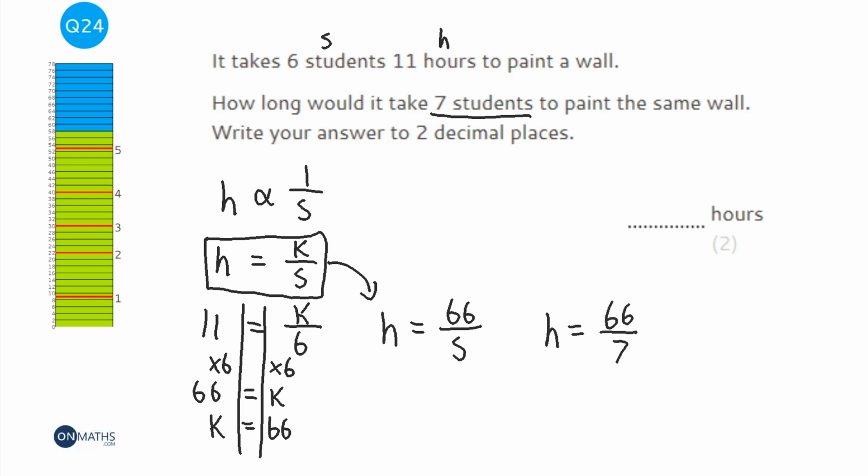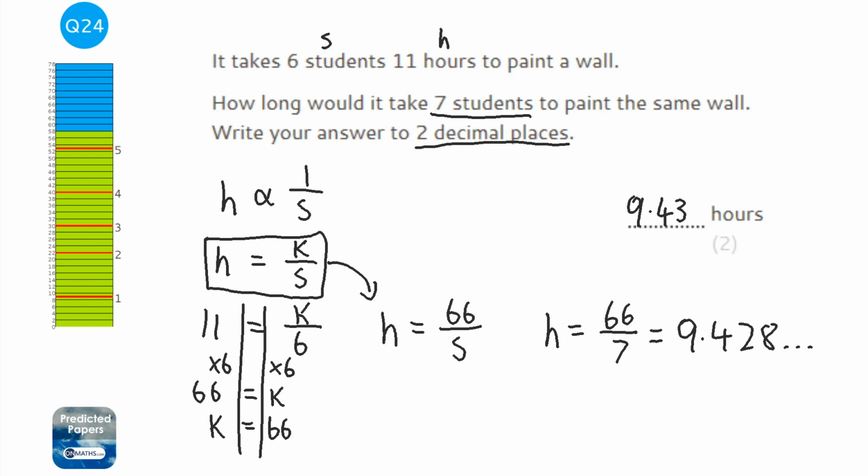So let's type that in, 66 divided by 7, and I get 9.428 and so on. It wants 2 decimal places, so it's 9.43. A way of checking this is that it took 6 students 11 hours, so with 7 students you'd think it would take less time, which it does here.